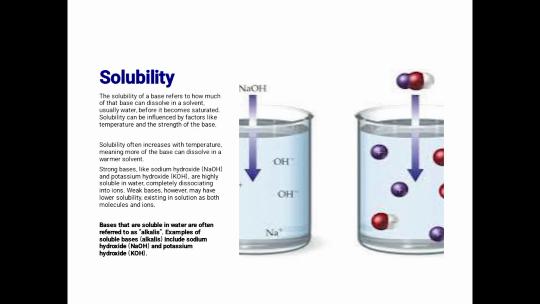So the solubility of bases differs. The strong bases are very soluble in water, while the weak bases are not soluble in water. However, they can be made to dissolve if the temperature is increased.